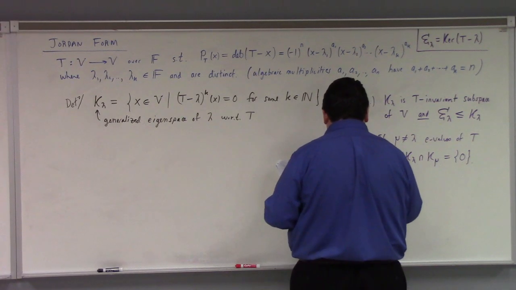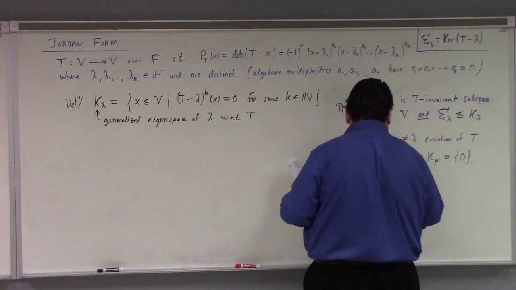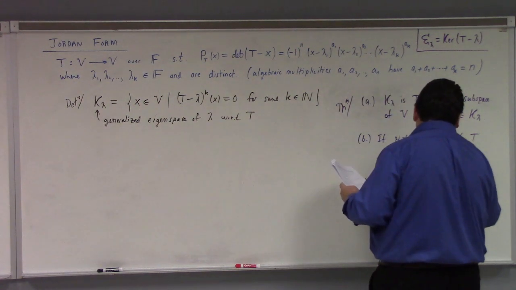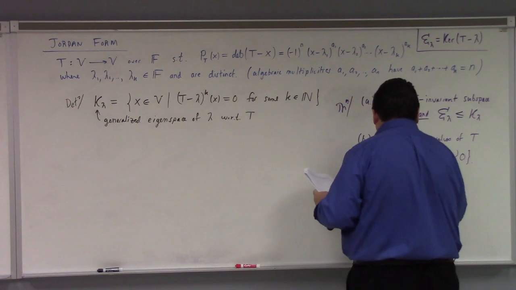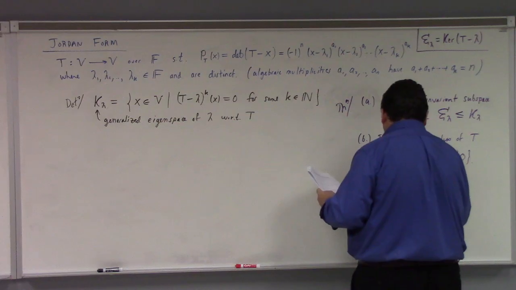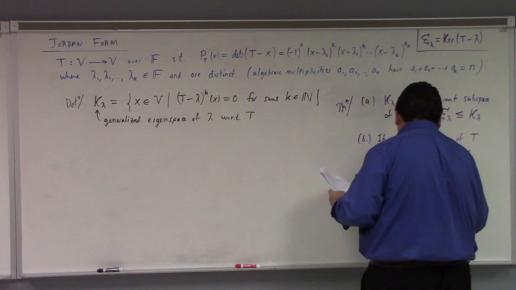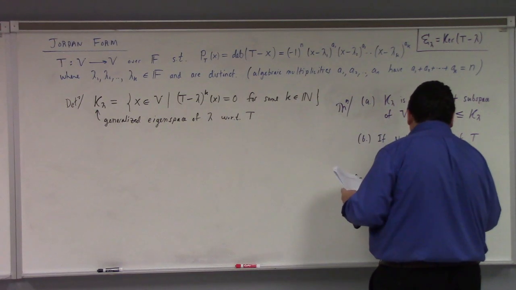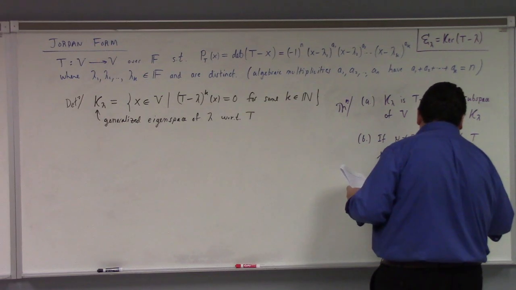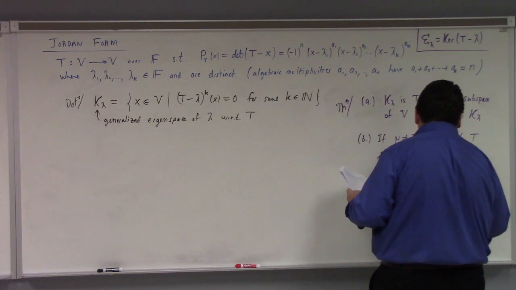And then C: for any scalar mu not equal to lambda, if we take T minus mu I and restrict it to K sub lambda, it is 1-to-1 and onto.